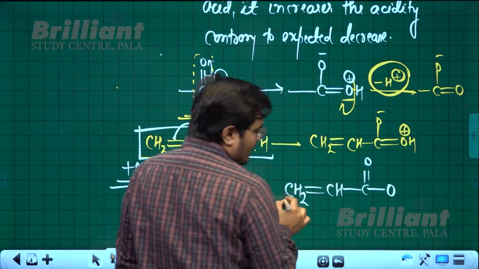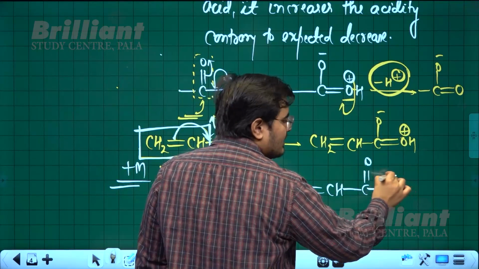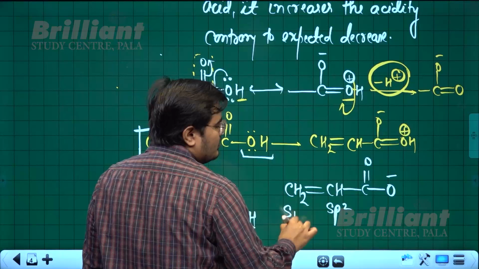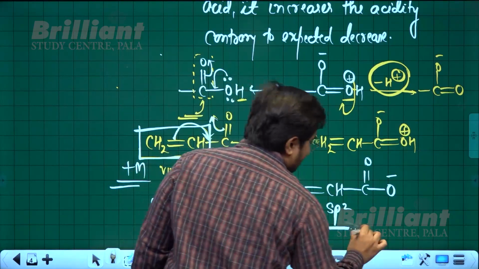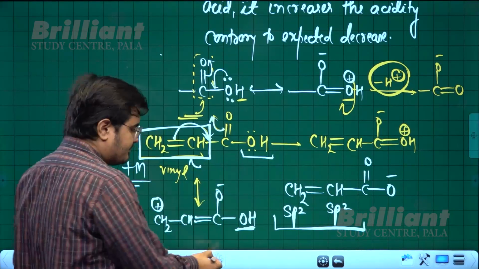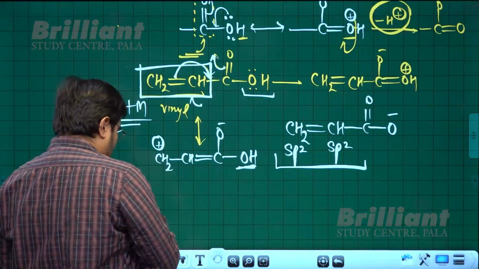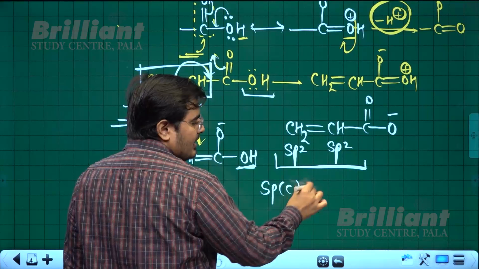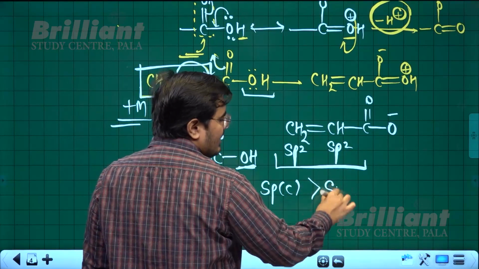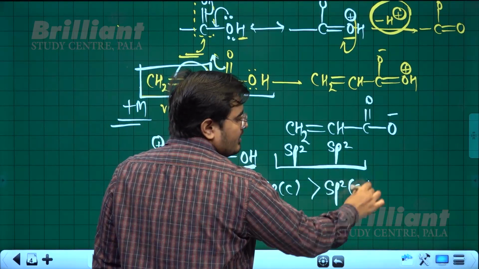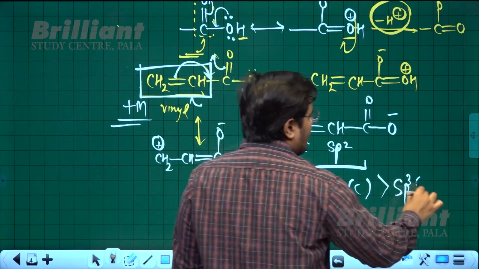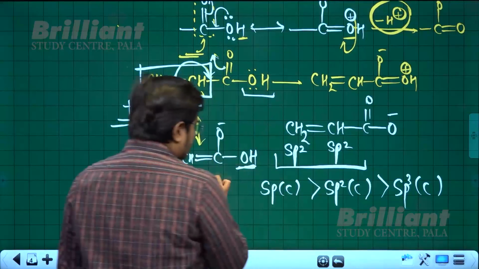that when you attach a vinyl group, then the carboxylate anion is stabilized due to the inductive effect of sp2 carbons. Because we know a carbon which is sp hybridized is more electronegative than a carbon which is sp2 hybridized, which is more electronegative than the carbon which is sp3 hybridized.